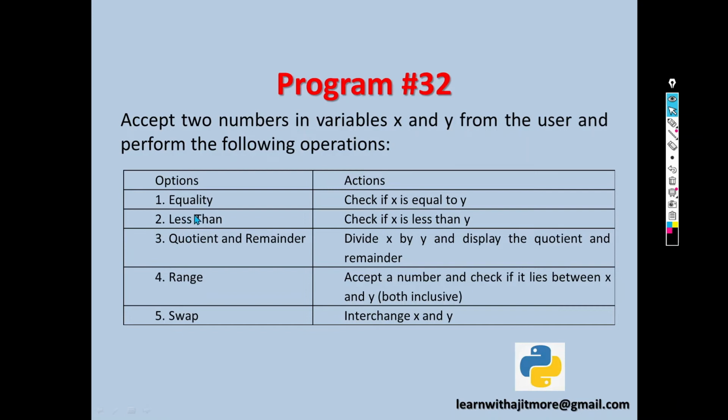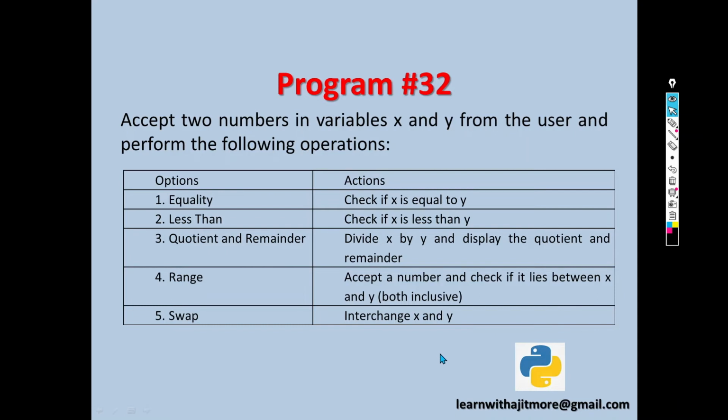Second option is less than, in which we have to check whether x is less than y. Then quotient and remainder, choice number 3: we have to print the quotient and the remainder. Choice number 4, accept one more value and check whether that value is between x and y. And last, fifth option is swap, where we have to interchange the value of x and y.